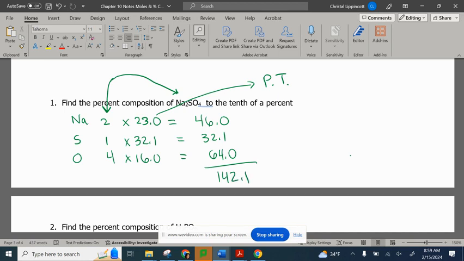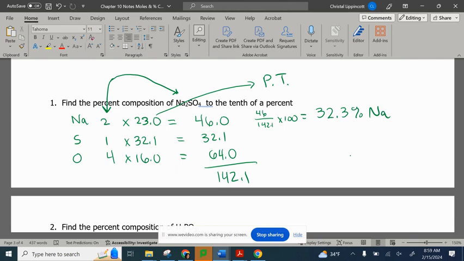I then take the part of each one. So 46 divided by 142.1 times 100. That's going to give us 32.3%. And that's going to be sodium. Remember how to do these now? Okay.